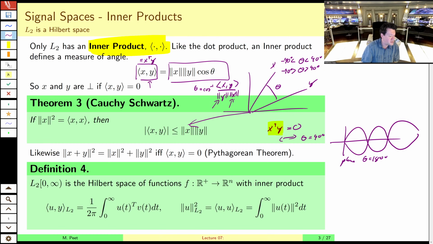So let's define what needs to happen for an inner product space. Basically, not much, but it turns out not much is still asking a lot.